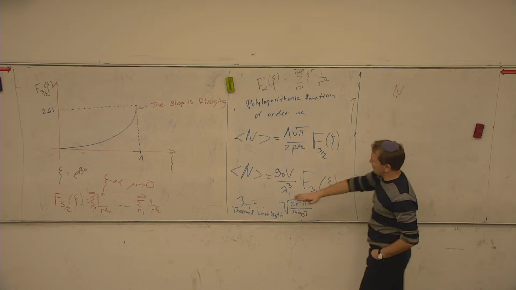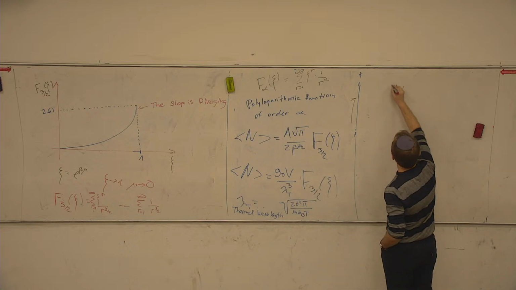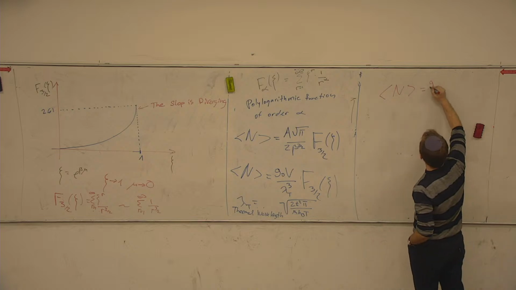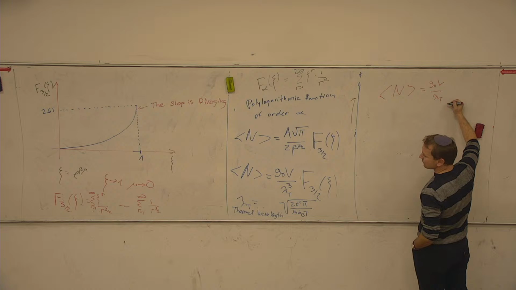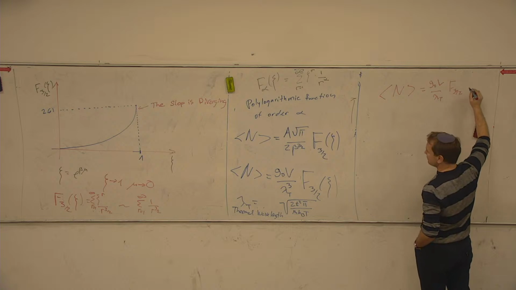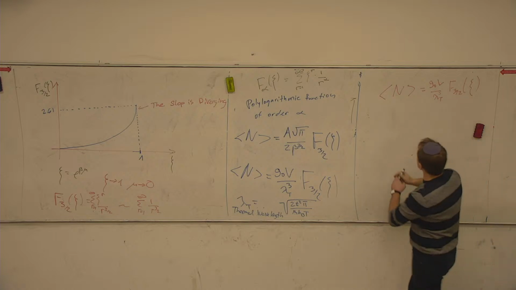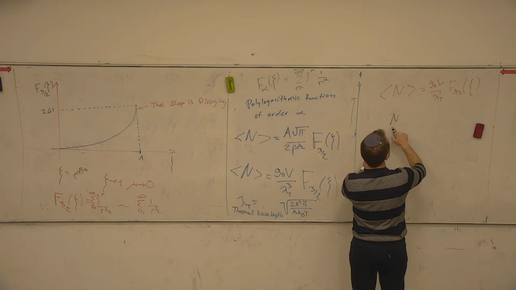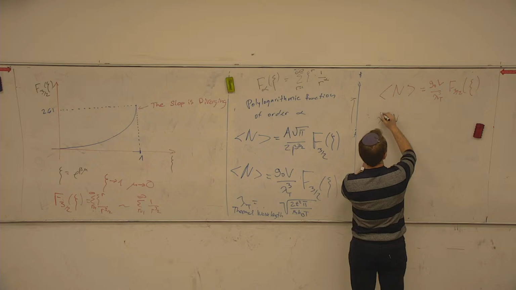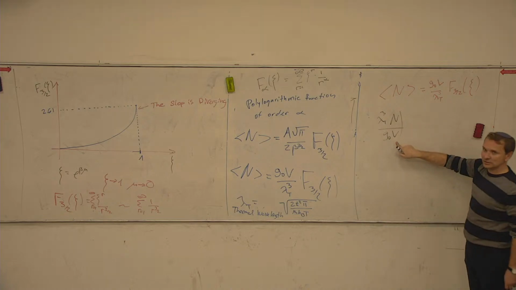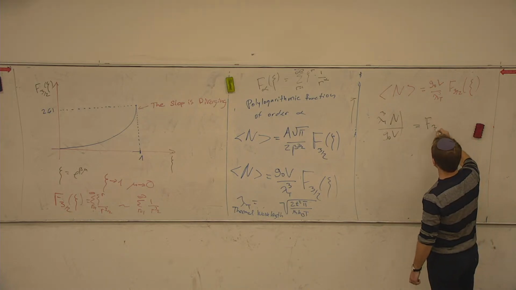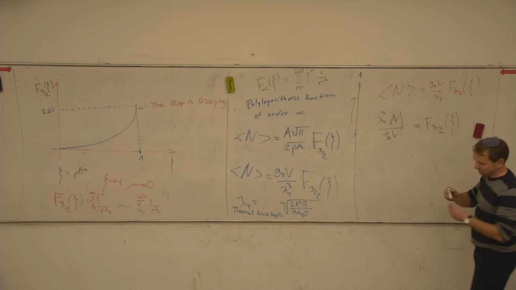Look at this expression that we have for the average number of particles, which is g0 V over lambda_T cubed times f_{3/2}. So we have that N multiplied by lambda_T to the third power divided by g0 V, which is just the density, equals f_{3/2} of the fugacity.